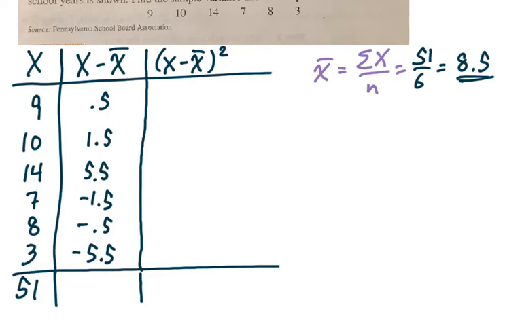So what would this whole column sum up to? 0. But we don't care about that, so don't add that up. We're just going to be looking at these values and squaring them, and those squared values are going to be added up.